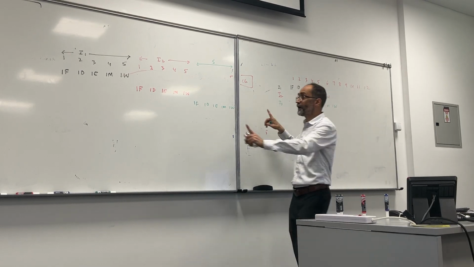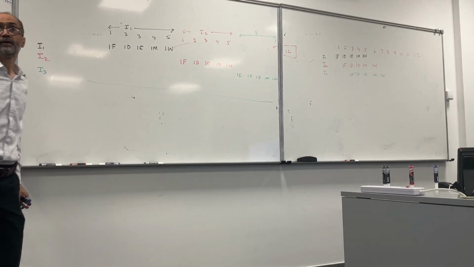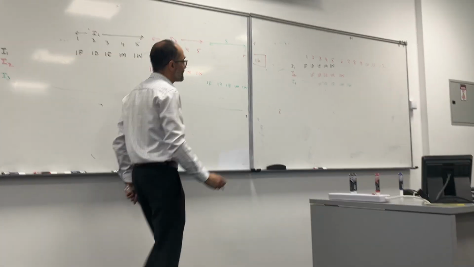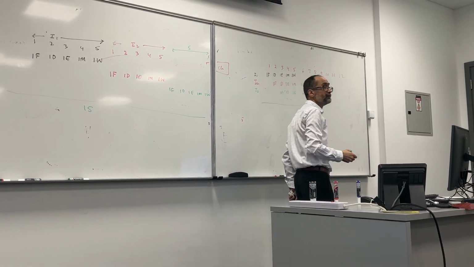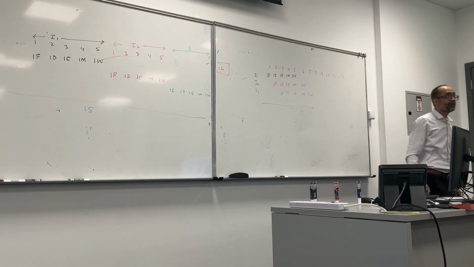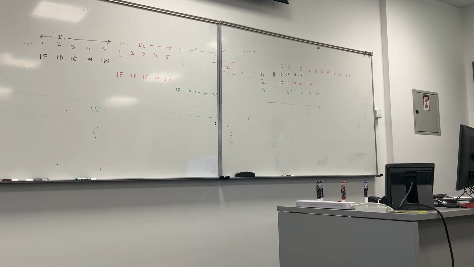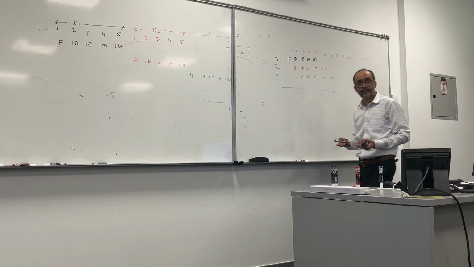Okay, now if we have the sequential execution, how many clock cycles will be required? 15. And in this example, how many clock cycles will be required? 7. How many clock cycles have we saved? 8. So this is now the advantage of pipelining.